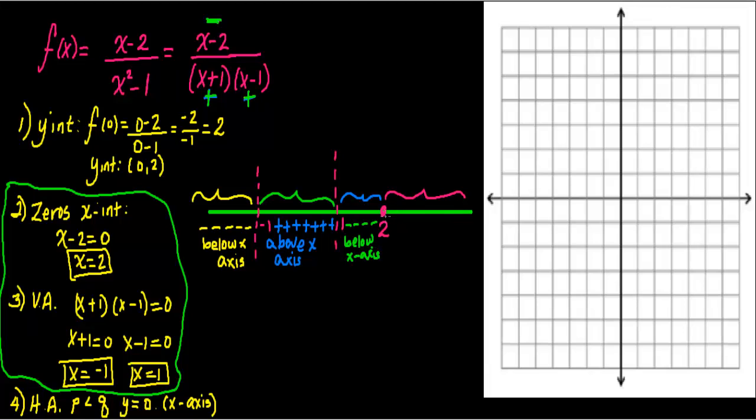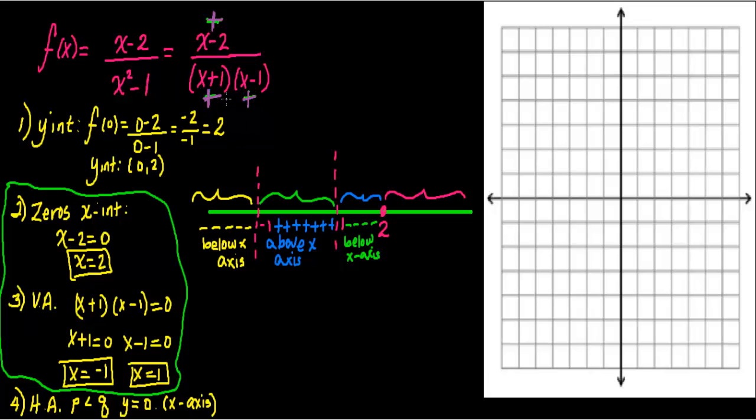And our last region, from 2 to infinity, you can choose any number. I'm going to choose 3. So when x is 3, will this value be positive or negative? It's going to be positive. When x is 3 here, will this be positive or negative? It will be positive. And when x is 3 here, 3 minus 1 will be a positive number.